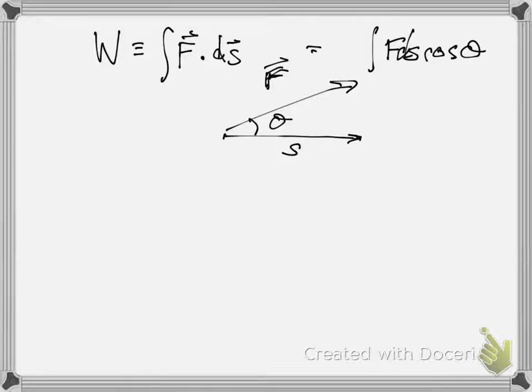So then we said that if the force is conservative, do you remember what that means? Think about it. If the force is conservative, then the work done is path independent. It only depends on the starting point and the ending point. Like for gravity, the work done by gravity only has to do with how far you've moved in the vertical direction.